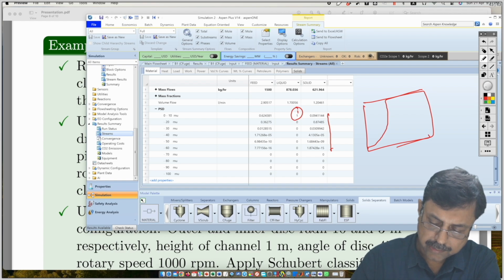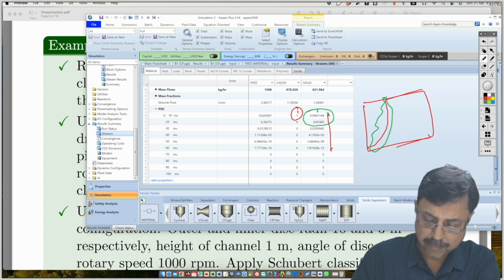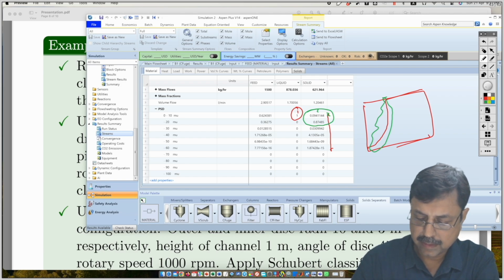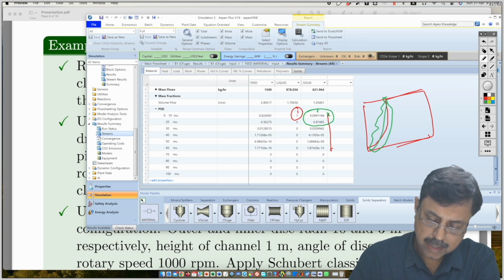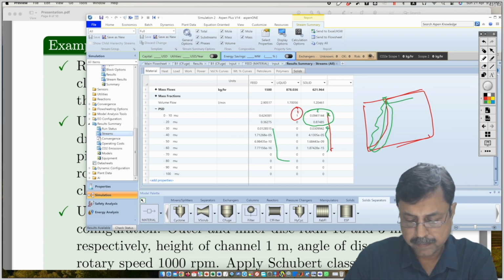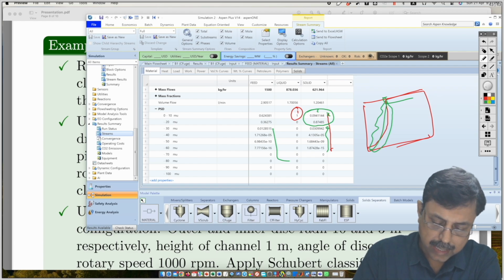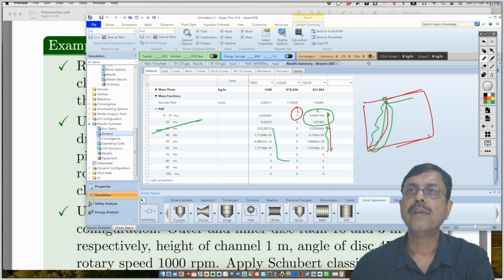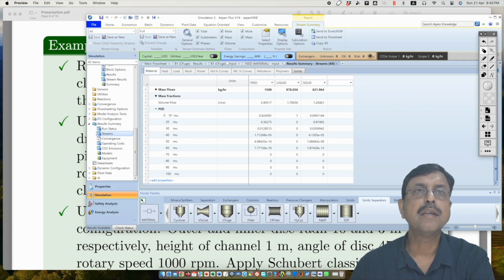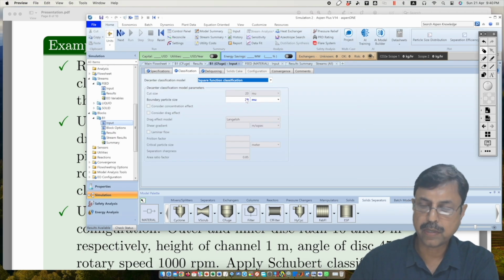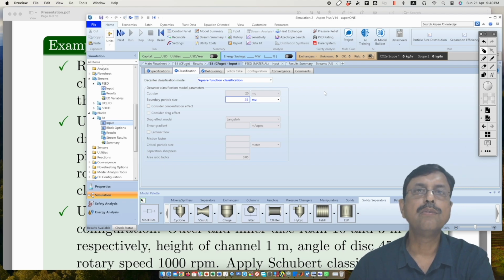So this portion is represented by these numbers from 0.9 to 0.87. And above that, all of them are almost the same. And this will be more clear if we use a cut size of 25 rather. So let us do one more thing. Let us change the cut size from 20 to 25 and redo the problem.